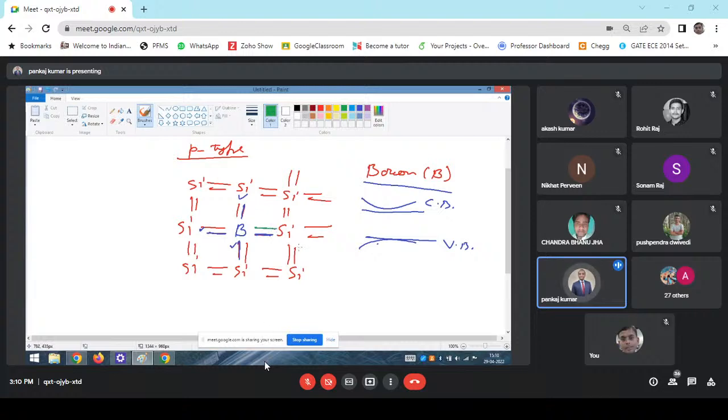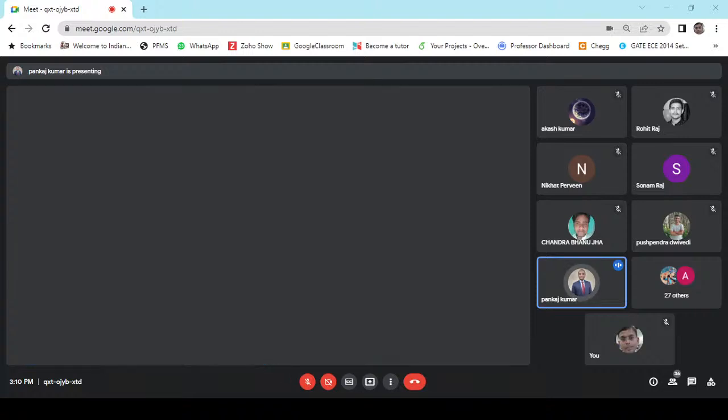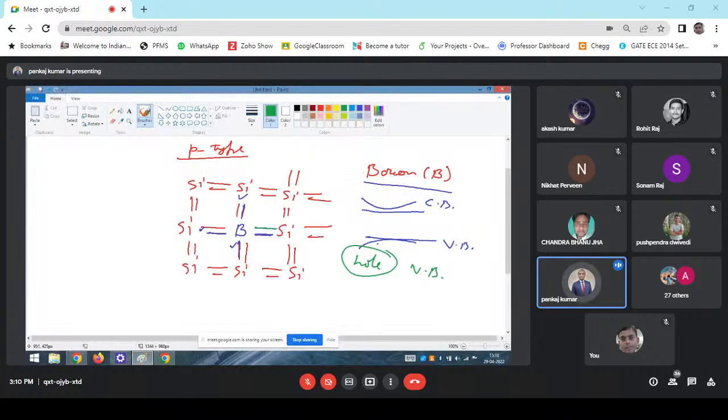Since this electron has come from the valence band, a hole will be generated in the valence band. As many boron atoms are present here, the same number of holes will be generated, as electrons come from the valence band and pair with silicon atoms.